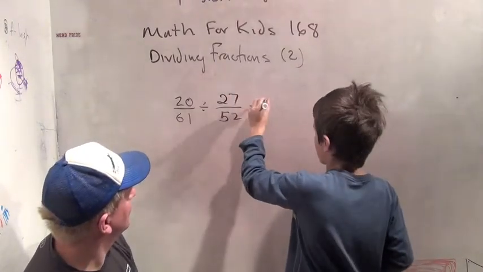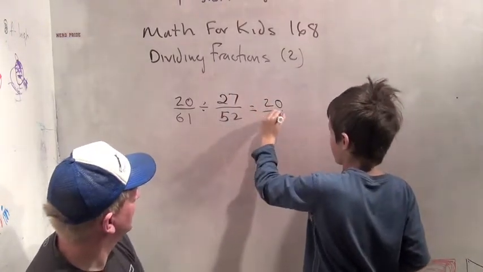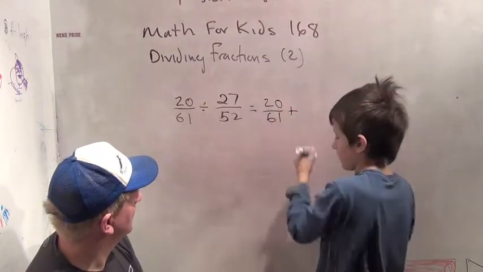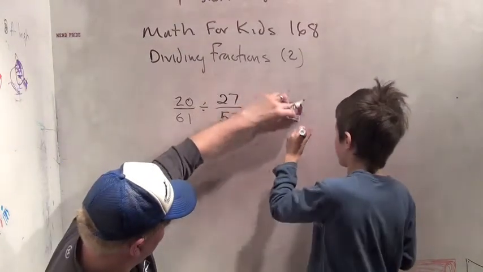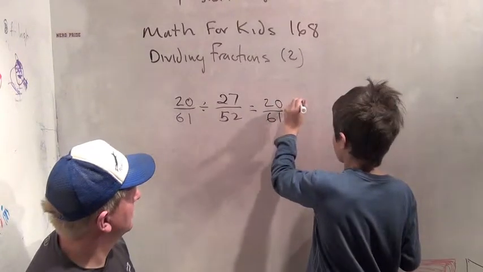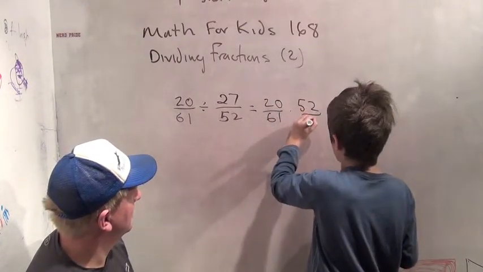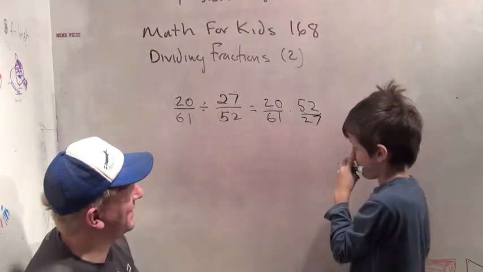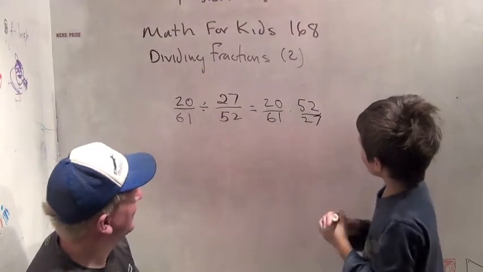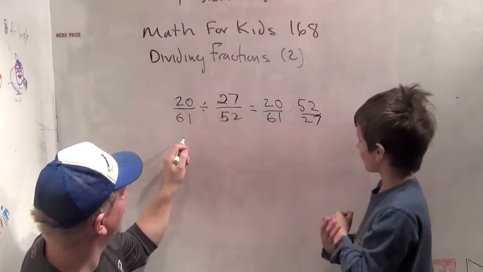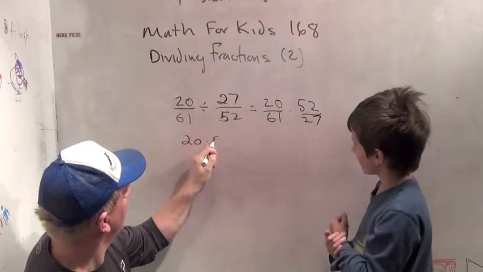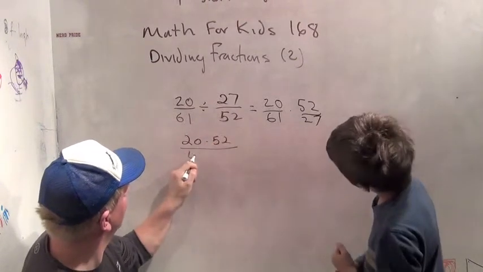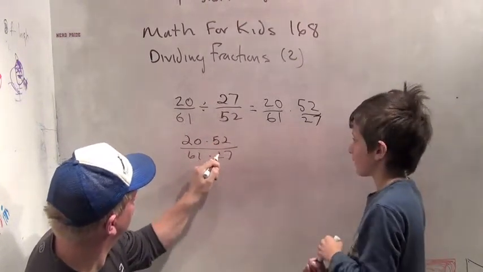Well, it's 20 over 61 times 52 over 27. So we have to compute 20 times 52 over 61 times 27. Okay.